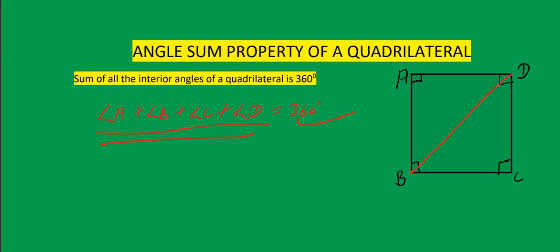So we have two triangles. As we know, all the interior angles of a triangle sum to 180 degrees. So the first triangle is 180 degrees and the second triangle is also 180 degrees. So in total if you add, we will get 360 degrees. So this is the angle sum property of a quadrilateral.